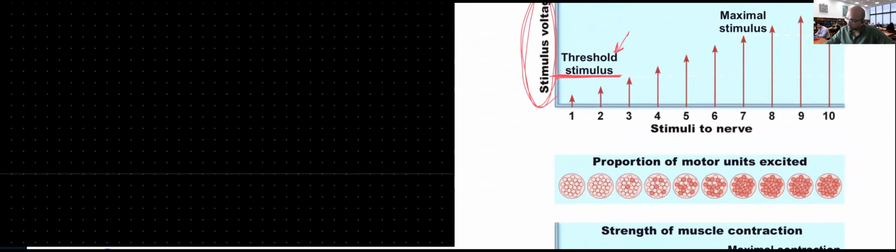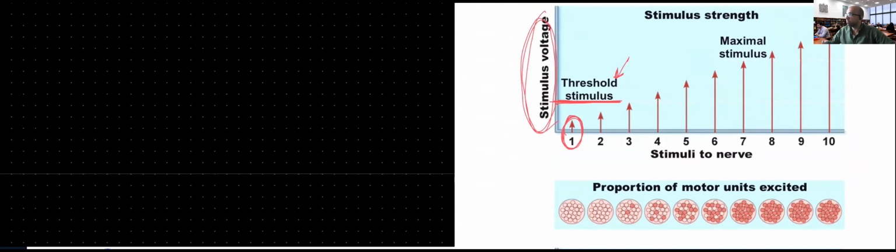So if this is the voltage of the stimulus, I received a stimulus lower than the threshold stimulus. Would there be any contraction taking place in my muscle? What do you think? Would I have any increase in the tension? Would I have any contraction? Yes or no?